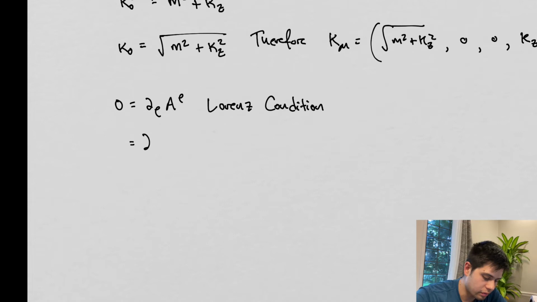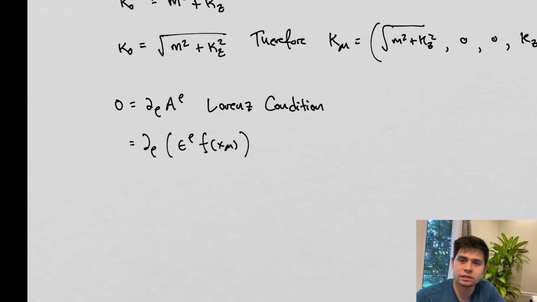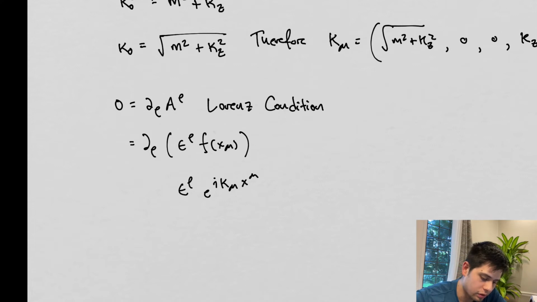Well, this is the same thing as d rho times e rho times f of x, right? Where f of x, again, is just some function of x. Where we said that f of x was e to the i k mu x mu. And this is our e rho.